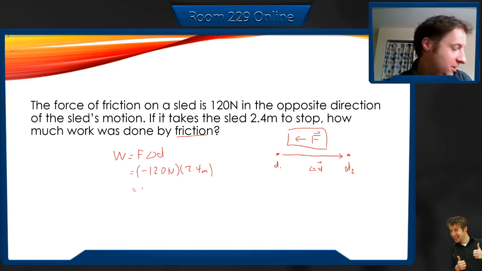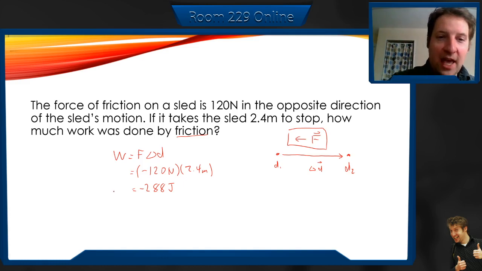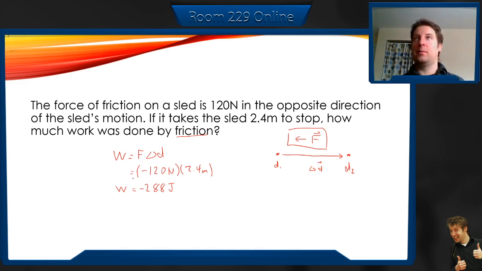So we end up with, what's 120 times 2.4? That's negative 288 joules. So that's how much work was done in stopping it. In this case, we have a negative work. We've taken energy away from the sled.